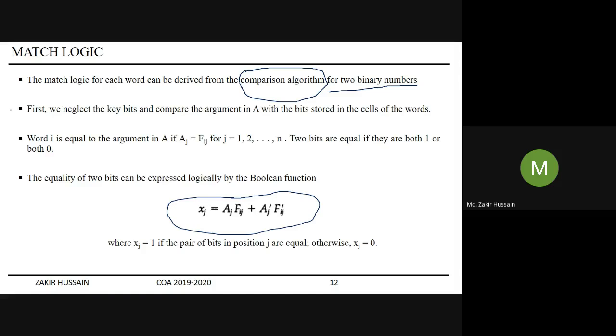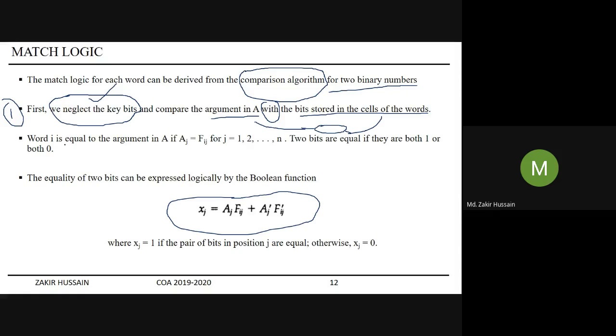The very first point is, we are not taking the key bits into consideration. Only the argument register and the word are compared here.